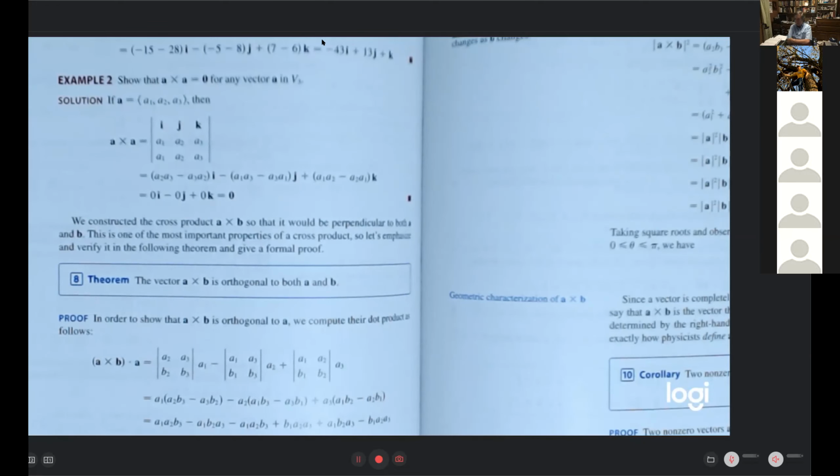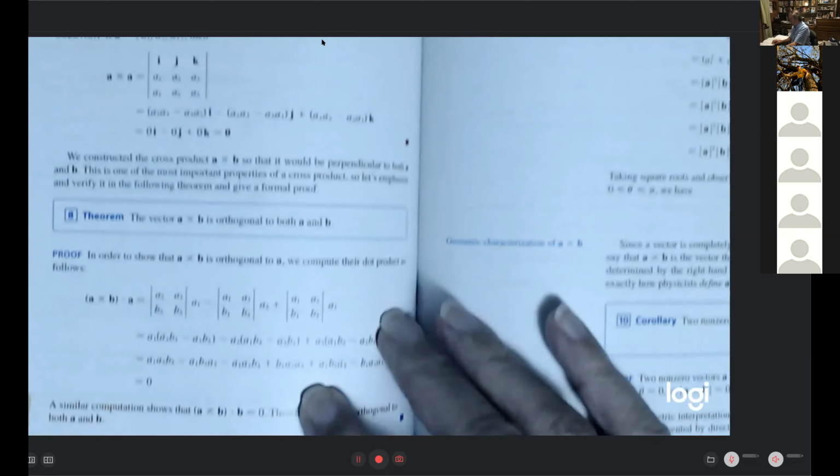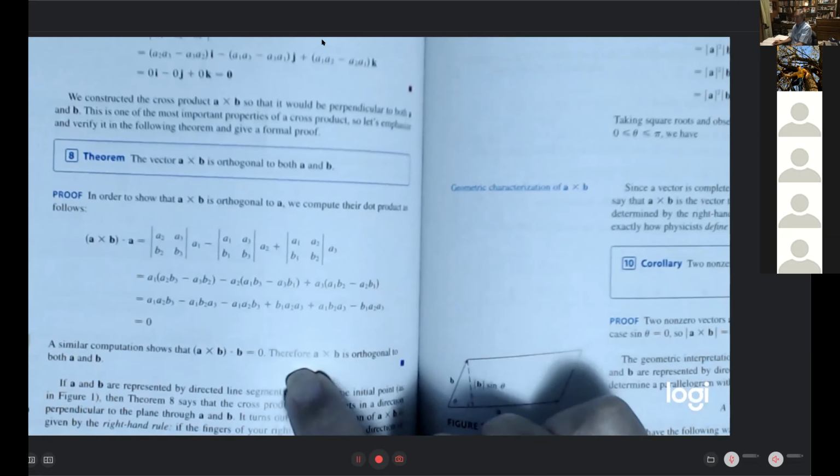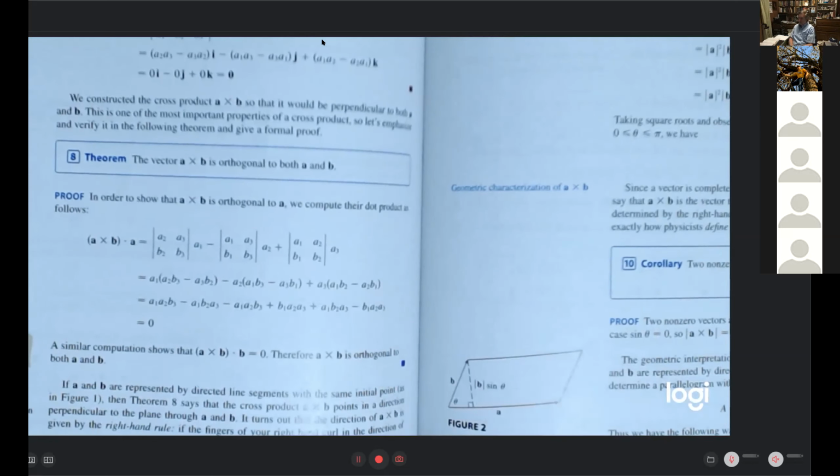Okay. Now, the book proves it by actually going in, because it's 3 by 3, and actually computing what you get. And so this is a direct proof. It's kind of a blue collar proof where you go in and write down what the thing is and you do it.